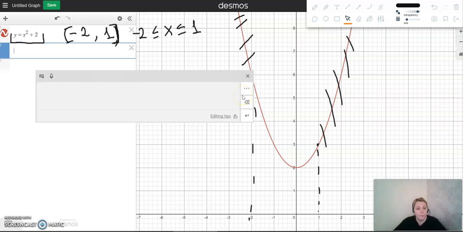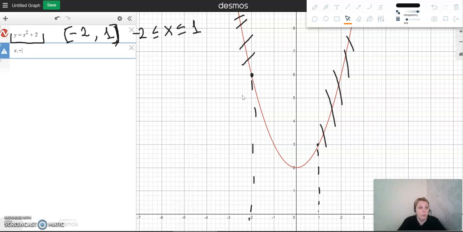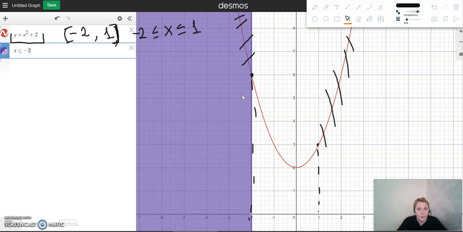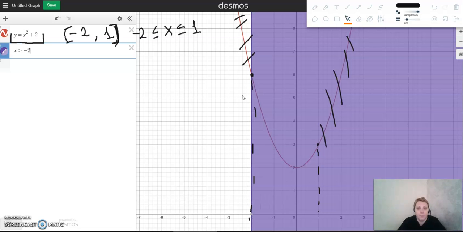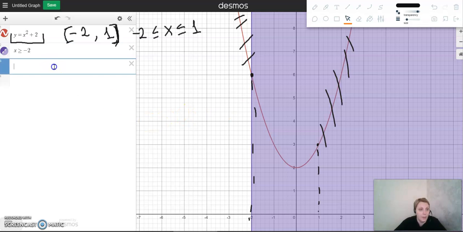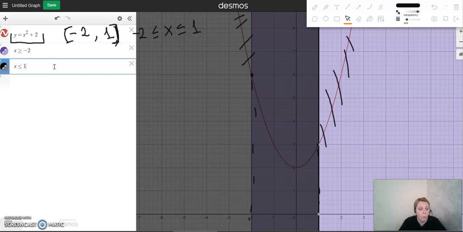I can do x is greater than or equal to negative 2, excuse me, and x is less than or equal to 1. You can see I would be looking at my function in the interval where there is an overlap, this interval only. And I want to find a min and a max.